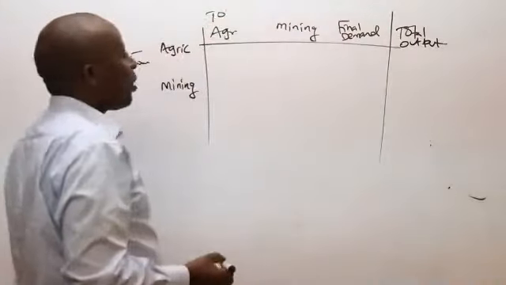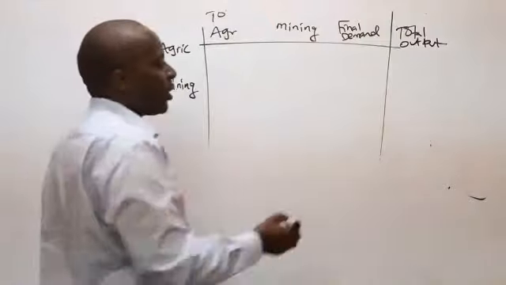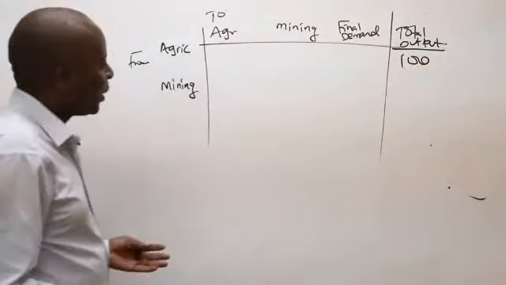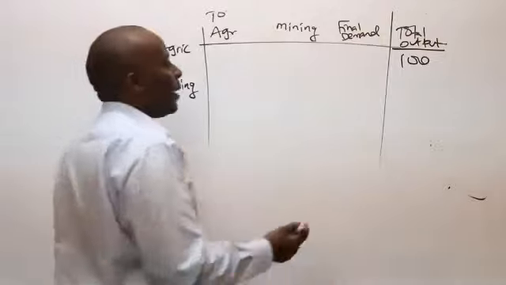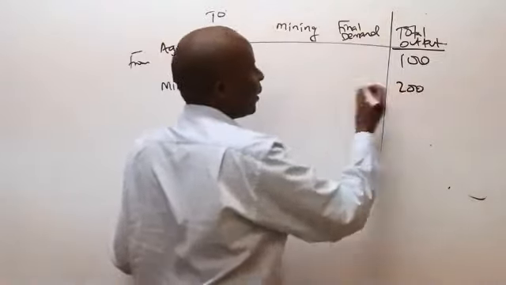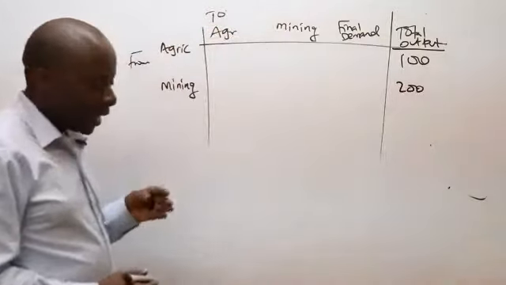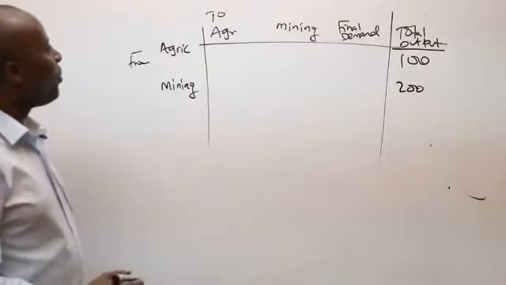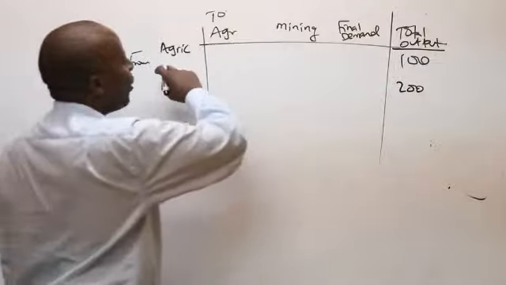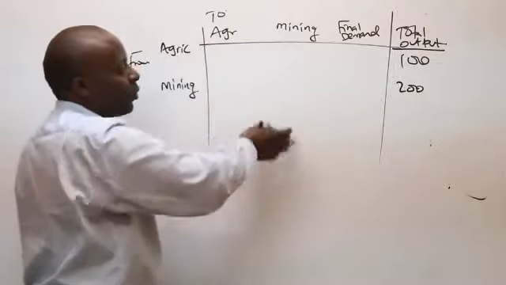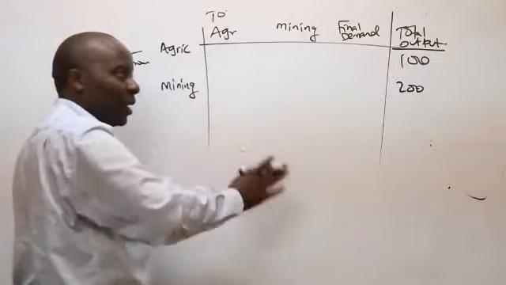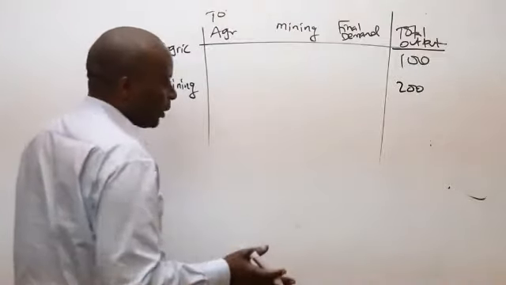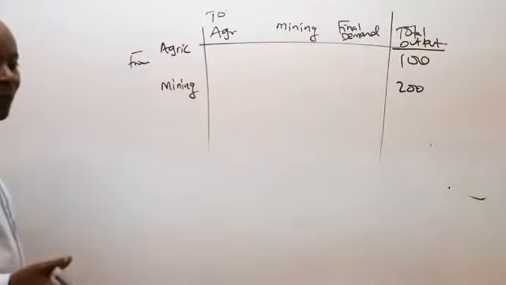So it'll tell you that in the year, agriculture produced 100 kilograms, could be 100 million kilograms, and for example mining produced 200 kilograms of limestone. Limestone is quite useful. From agriculture, in the year, there will be quite a lot of transfers between sectors. That's very normal.